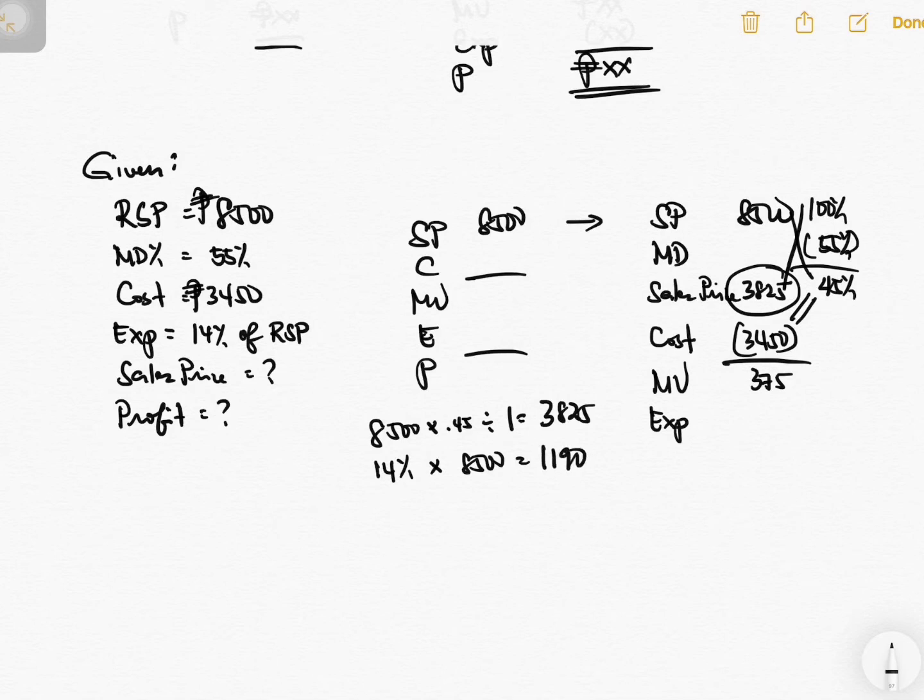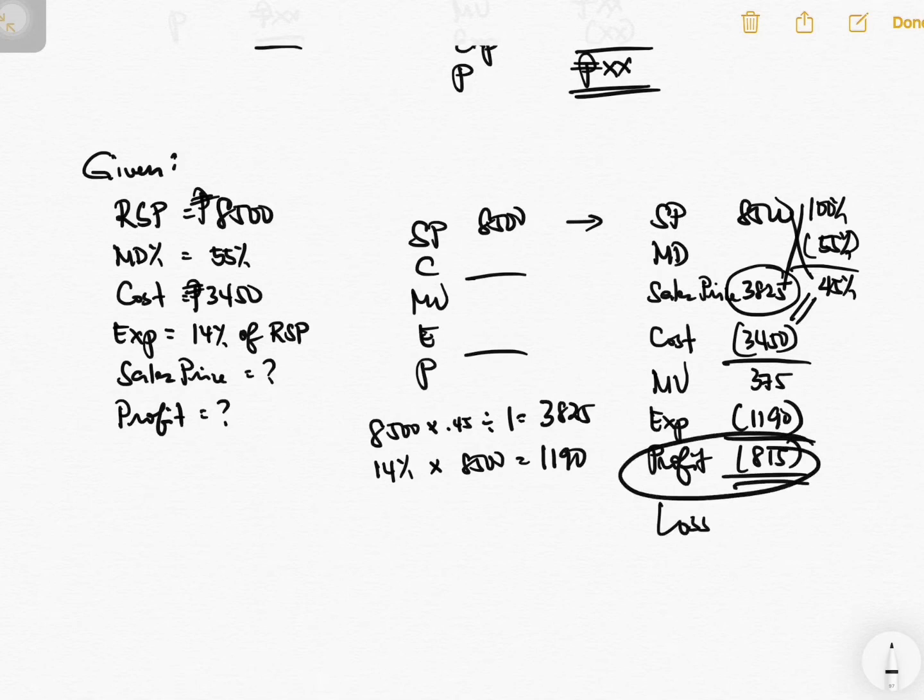So you will reduce it here to get the profit. Actually, this is loss, but anyways, we will just write it in parentheses. 375 minus 1,190, that's negative 815. So let's change this one. Loss is 815. So this is the answer.